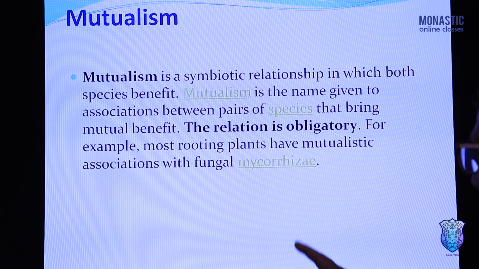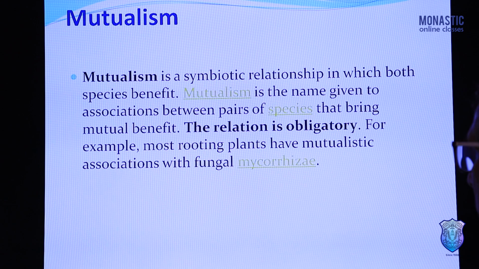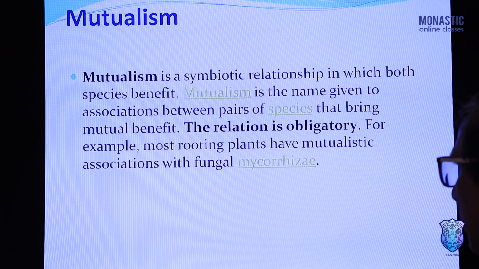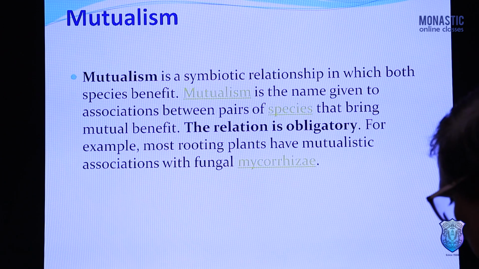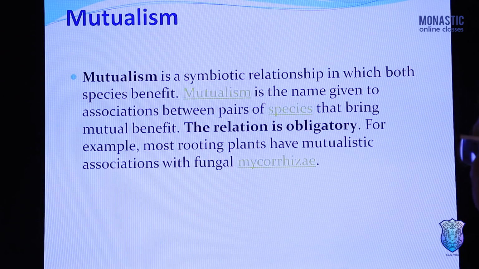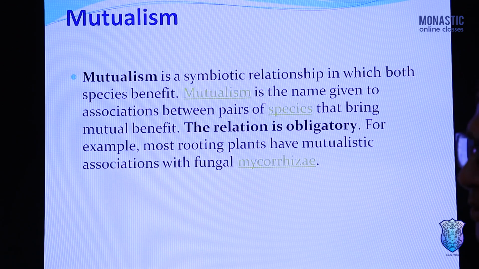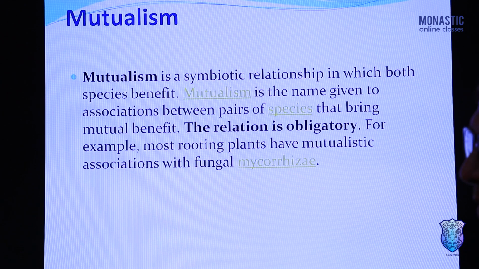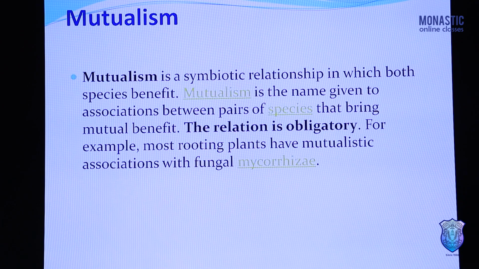For example, most rooting plants have a mutualistic association with fungal mycorrhiza. Some plants possess mycorrhizal fungus in their roots, and this fungus provides some growth hormones to the root, and in return gets food, shelter and protection from the plant.